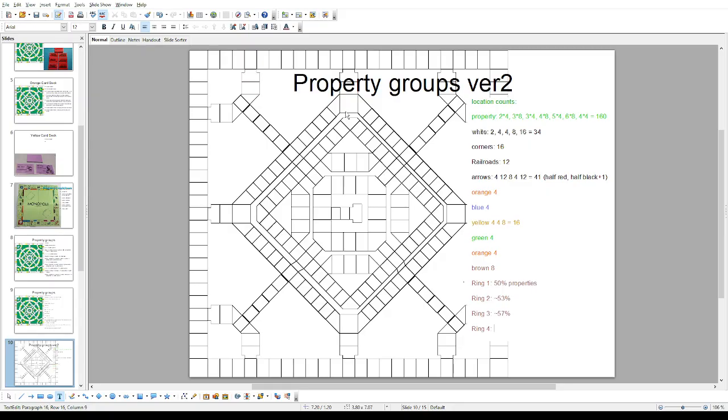Ring 4 does have subrings, but let's see here. 1, 2, 3, 4, 5, 6, 7, 8, 9, 10, 11, 12, 13, 14, 15, 16, 17, 18, 19, 20, 21, 22, 23, 24. Each side of this is 24 spaces. Yeah, that's a lot. For context, the outer ring, Ring 4, has over twice as many spaces in it as the base game of Monopoly alone.